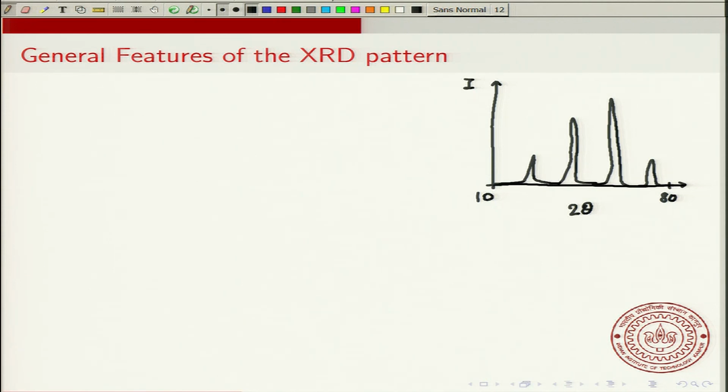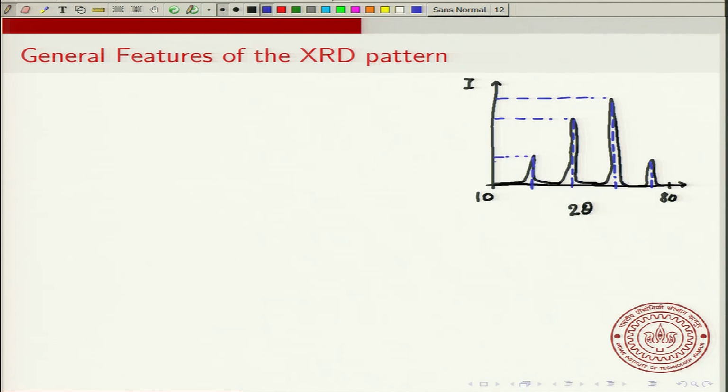So, what is important about these peaks? What is important is the location of the peak. What is the 2 theta value at which this peak is located? That is one important property of this peak. In fact, that is the most important property, where the maximum, that is the peak, is located. The other properties relate to the intensity of the peak.